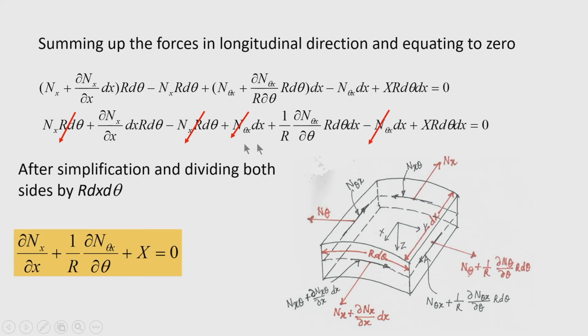So, after dividing throughout by r d theta dx and after simplification, we get del n x by del x plus 1 by r del n theta x by del theta plus x equal to 0. So, this is the first differential equation that we have obtained using the equilibrium condition in the longitudinal direction, that is the direction parallel to the generators.